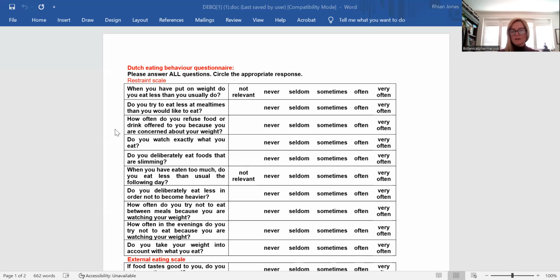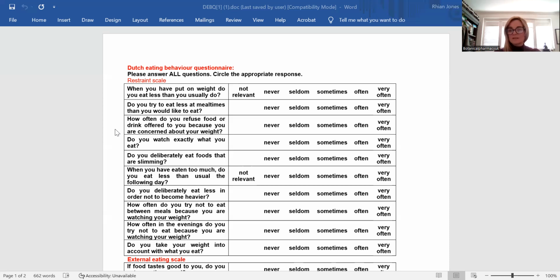The sort of things we're looking for in this first section are: do you try to eat less at meal times than you would like to eat? Do you deliberately eat diet foods, so slimming foods, which can be really problematic? Are you constantly thinking about weight loss and about undereating?